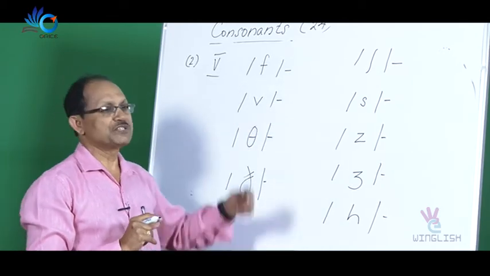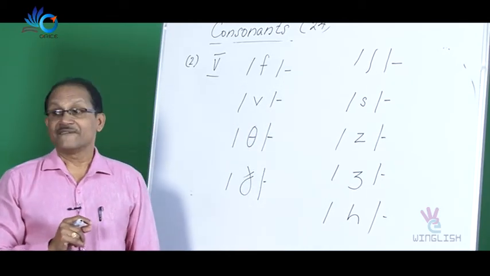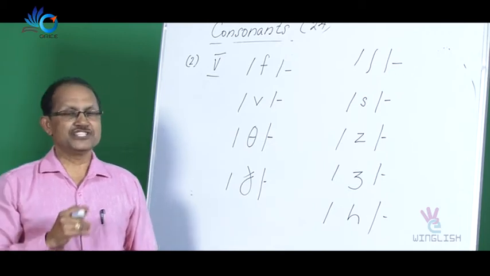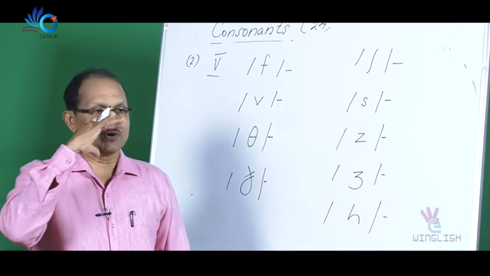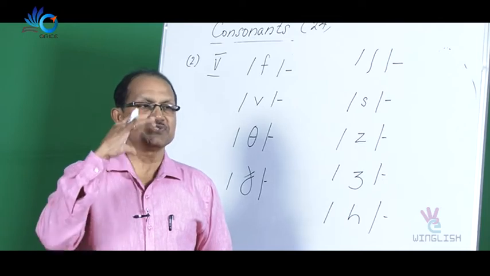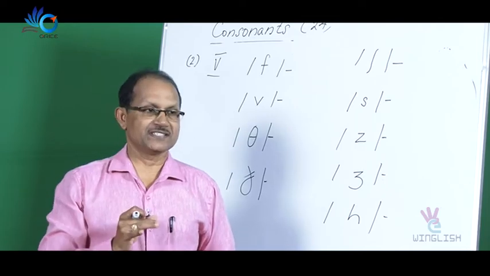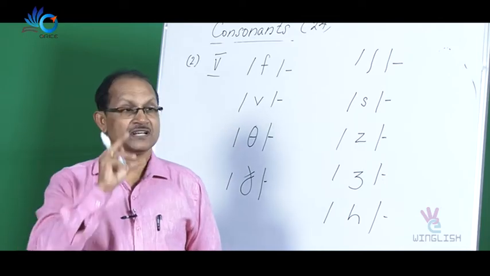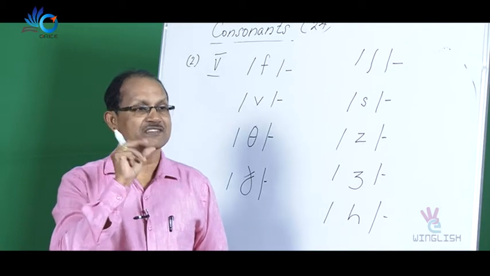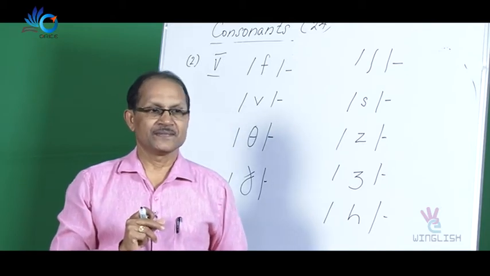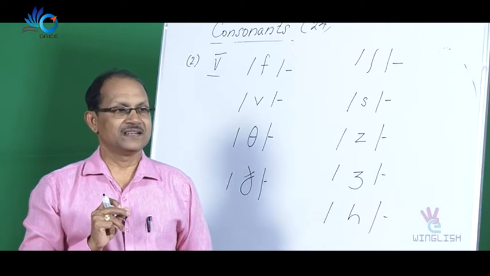Okay. And how to articulate? F. That is, you have to bring your lower lip very close to the upper front teeth, but it shall not touch. These articulators shall not touch. Okay. F.